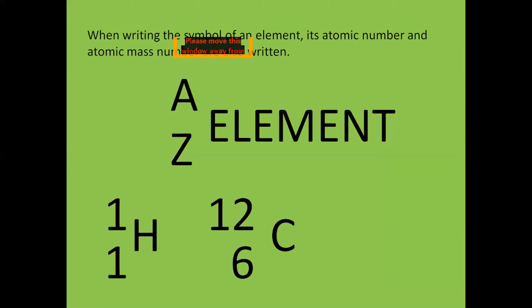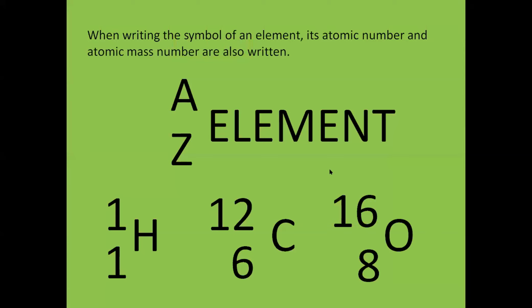To make it clearer, let me take one more example. This time the symbol I'm using is oxygen. Oxygen's atomic mass number is 16 and atomic number is 8. Are you all ready for my question now? This time the question changes.